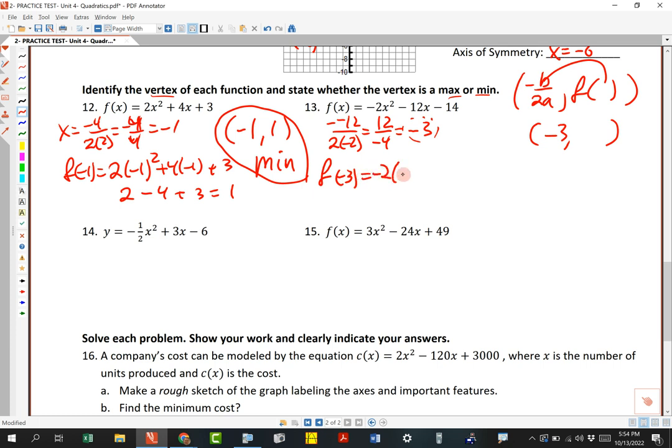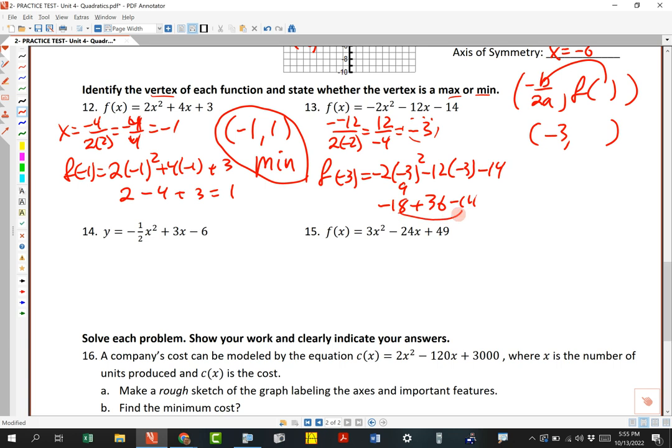So that's going to be -2 times -3 squared, just plugging into the function right here, and minus 14. So let's check and see what we get. Okay, so if I square -3, I get a 9. And if I multiply that by -2, I get -18. This is going to be, let's see, negative times negative, that's going to be a positive, so that's going to be 36. And then minus 14.